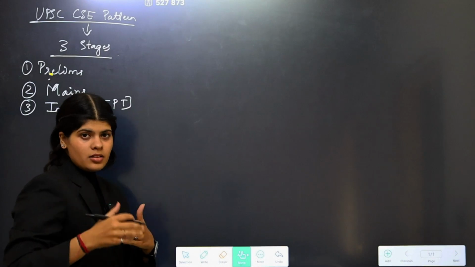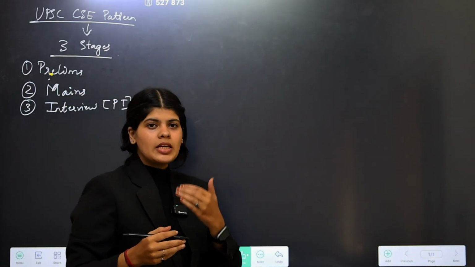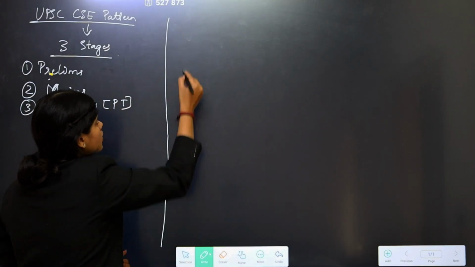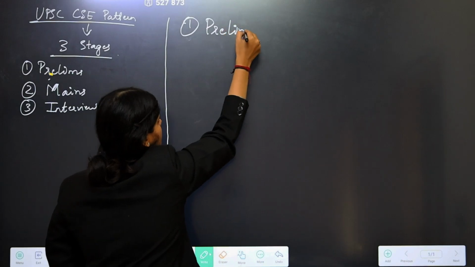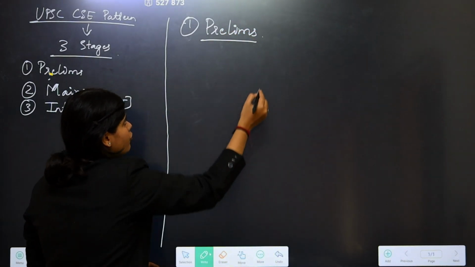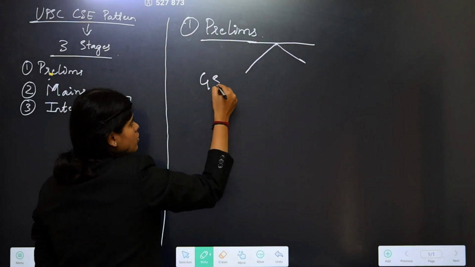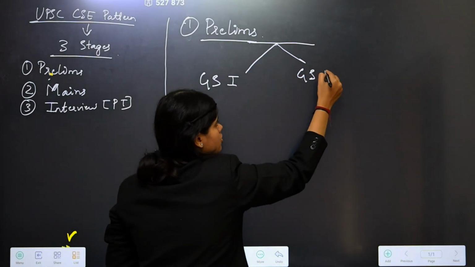Now let us understand step by step what does prelims contain, what does mains contain, and what does the interview contain. Now talking about prelims. Prelims have two papers. One is your GS1, another is your GS2.